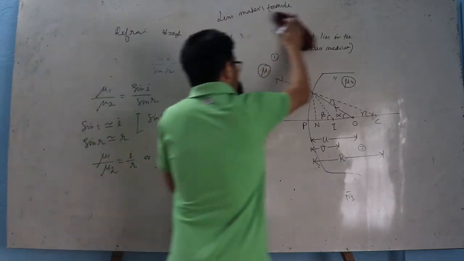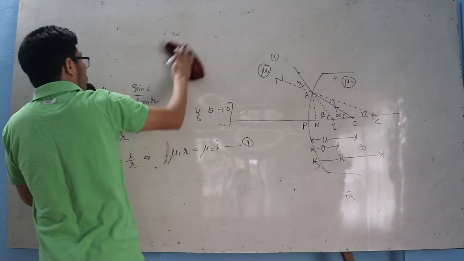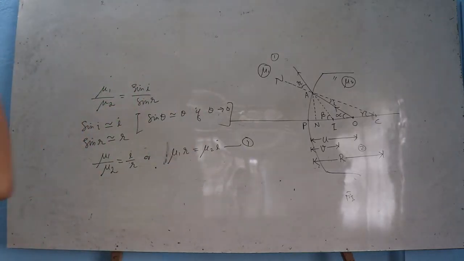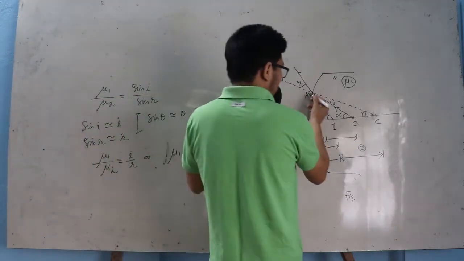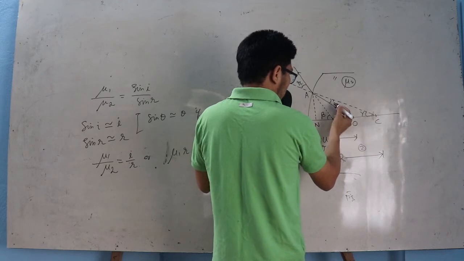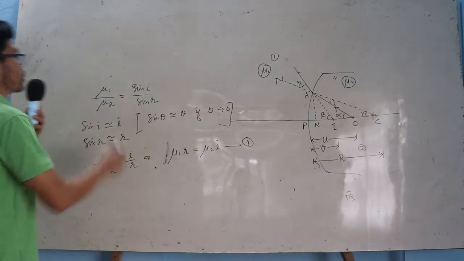So looking at the figure, we'll try to identify triangles with exterior angles. So if you first look at the triangle AOC, alpha is the exterior angle and I and gamma are the interior opposite angles.